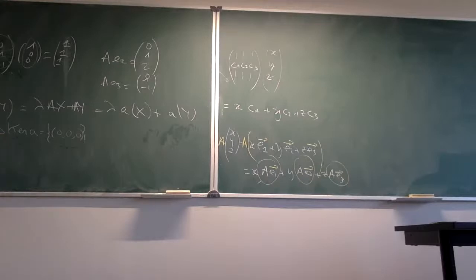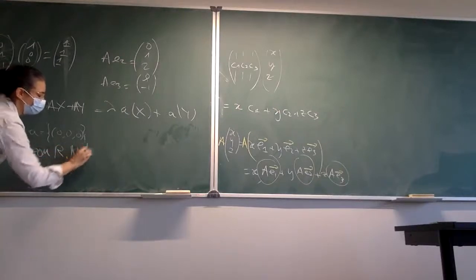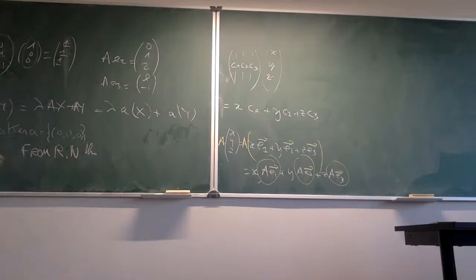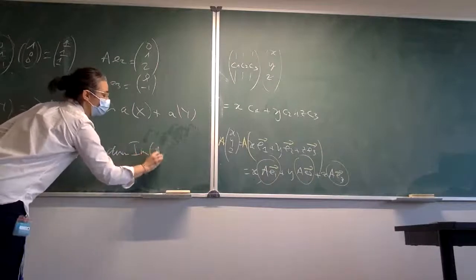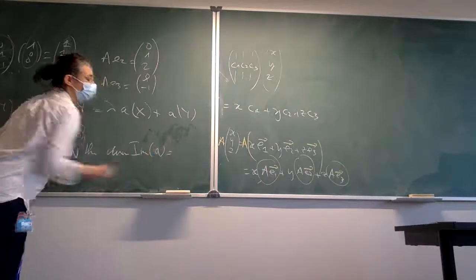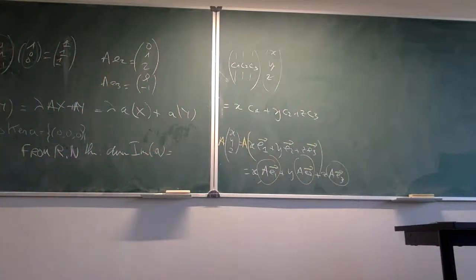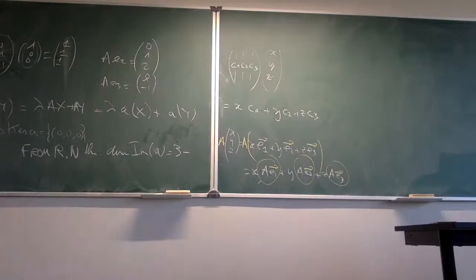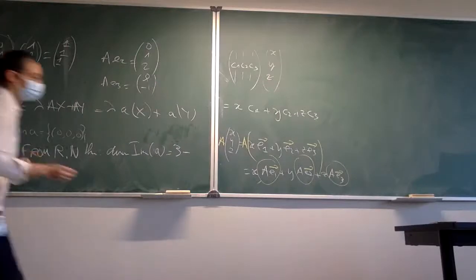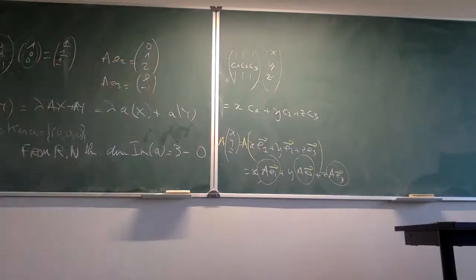If you're looking for the null space, the kernel, and get that it's 0, then from the rank nullity theorem, we get that the dimension of the image is going to be 3, because that's the dimension of the domain, minus the dimension of the nullity, which was 0.